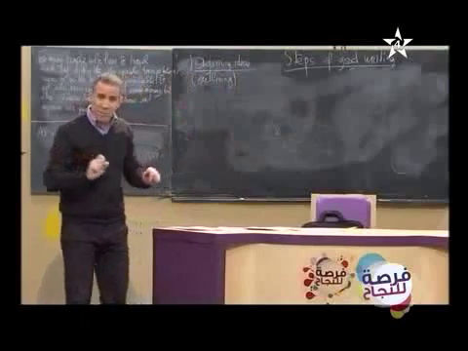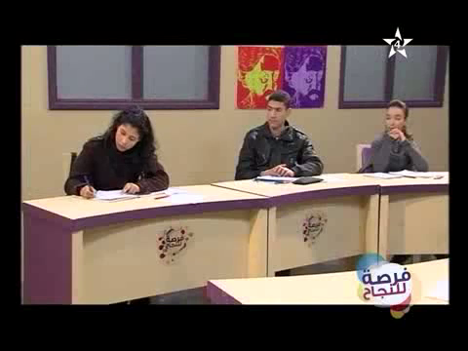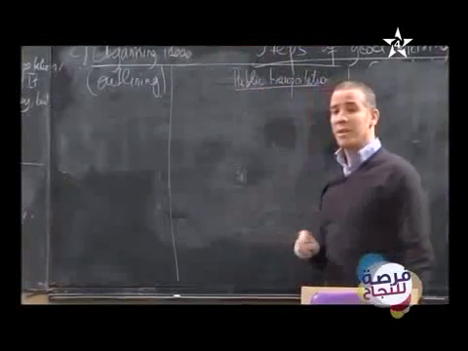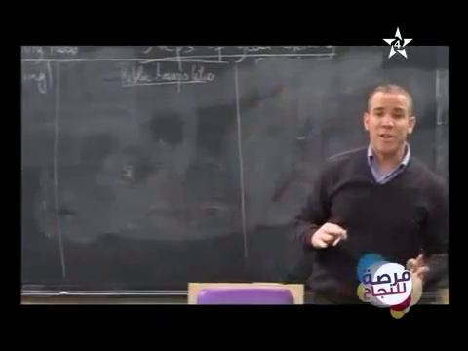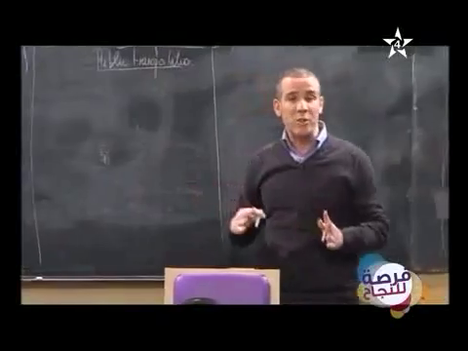So this is what you do. You take this draft paper, and in the middle of the page, you write the title. For example, public transportation. After you have written the title, this is what you do.